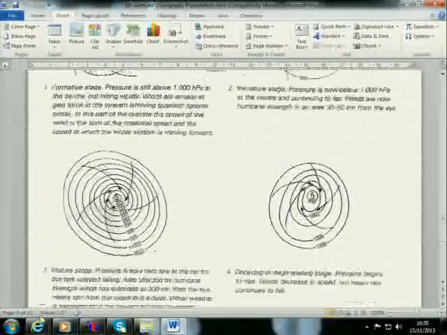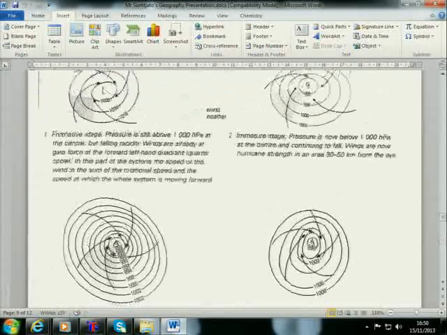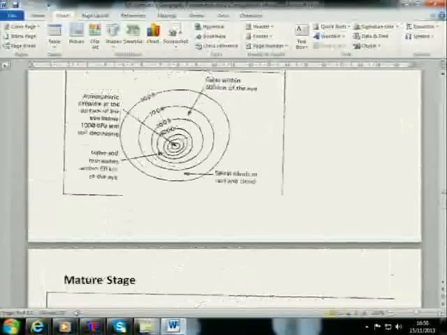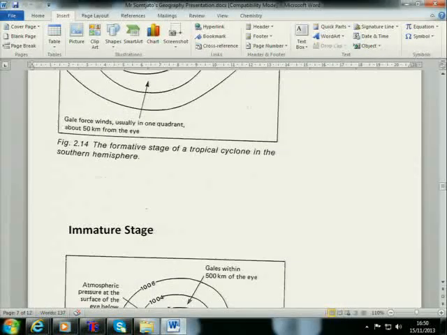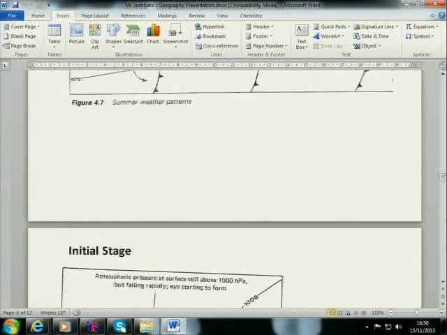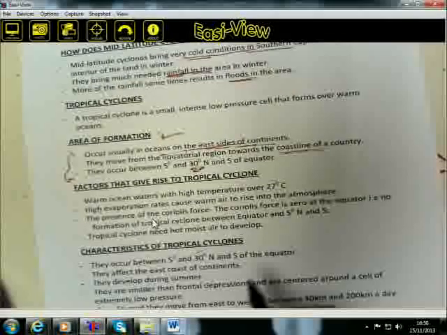Number 1, they occur between 5 degrees and 30 degrees north and south of the equator. We are already familiar with that. That's number 1.